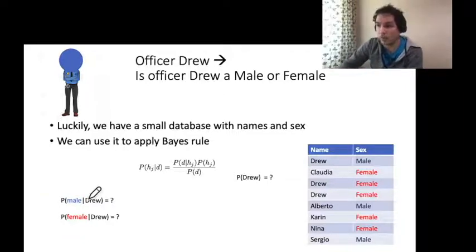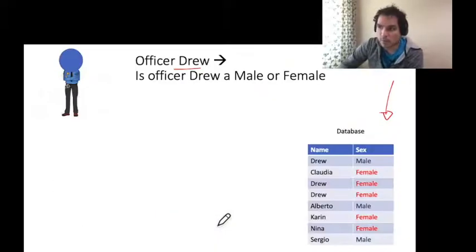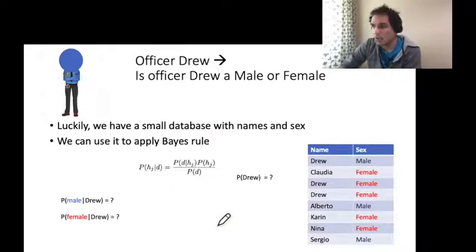So we start with the probability of Drew, which is actually quite simple. We have to look for how many Drews we have in the database. We know that we have 1, 2, 3. Three out of how many in total?